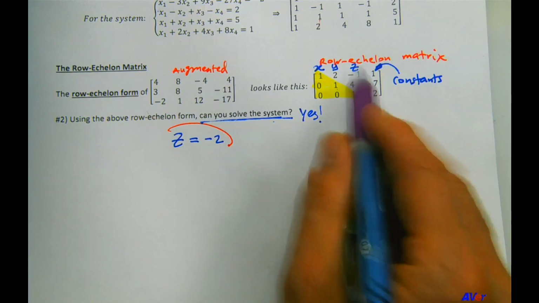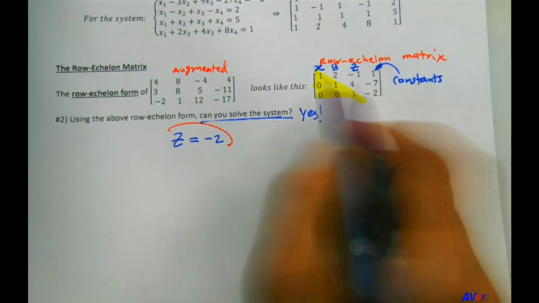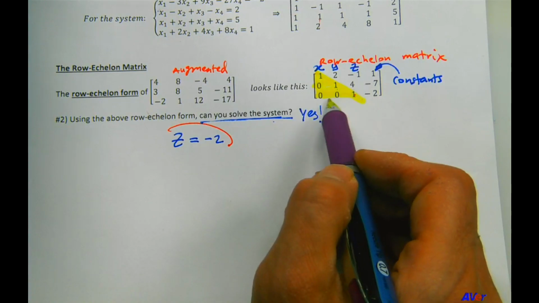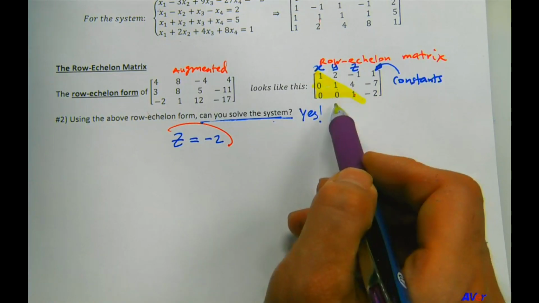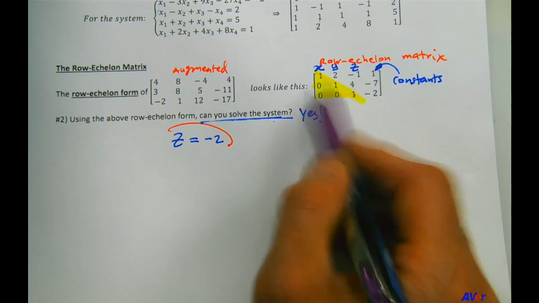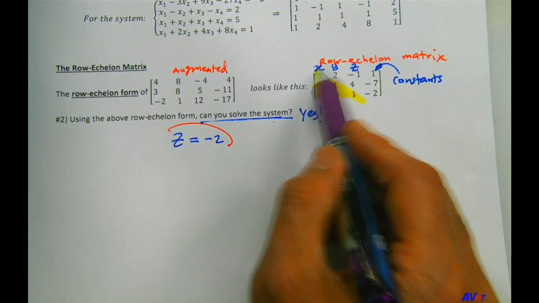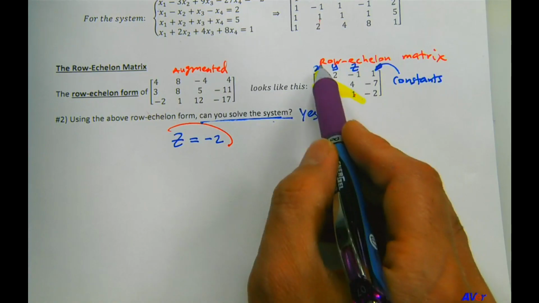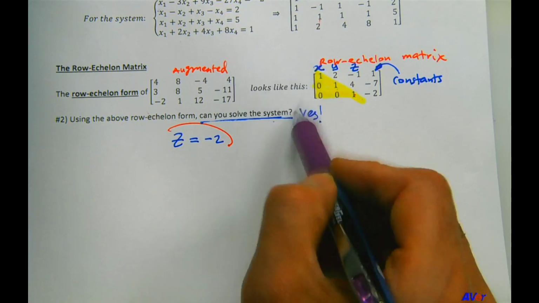So 1 times z, that's why I said you need to make sure that these variables are in order. If you didn't make sure of that, all of this would be mixed and it would be impossible to use the row echelon matrix to solve the system. That's why the variables must be in order. So you know this column represents the coefficients of x in 3 different equations.